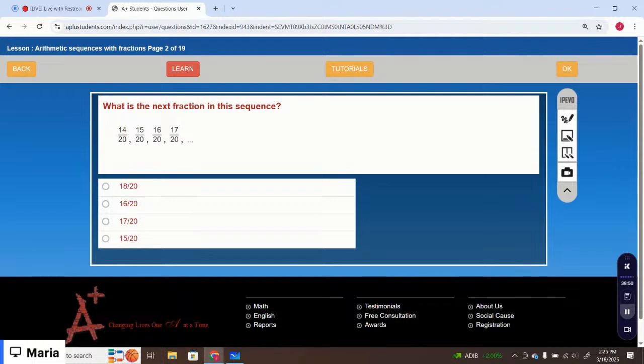Their numerators are increasing by 1. That is 18 over 20. Option number one is the correct option. Very good.